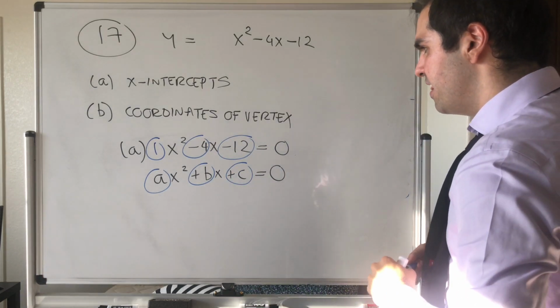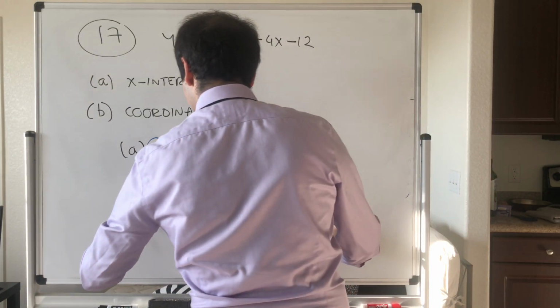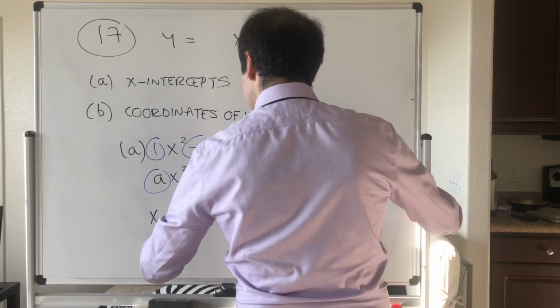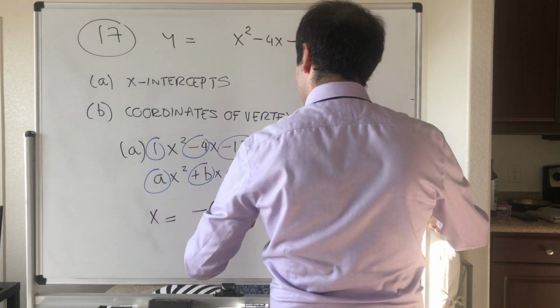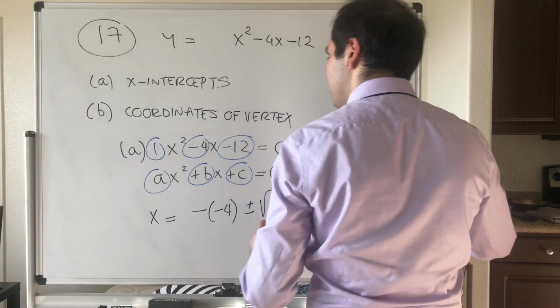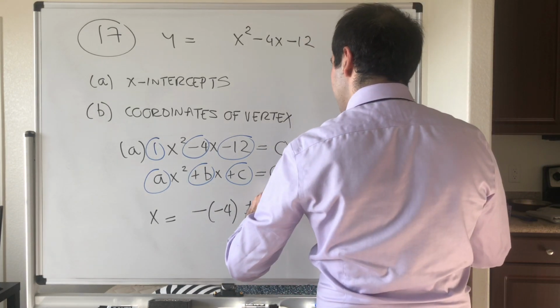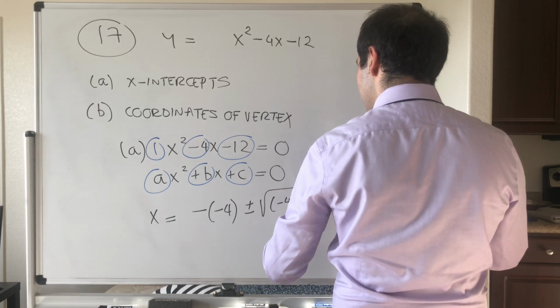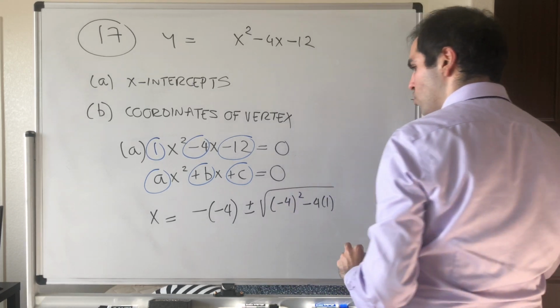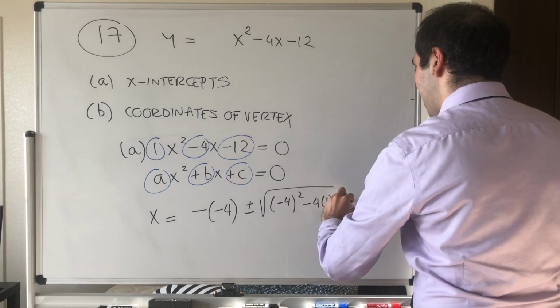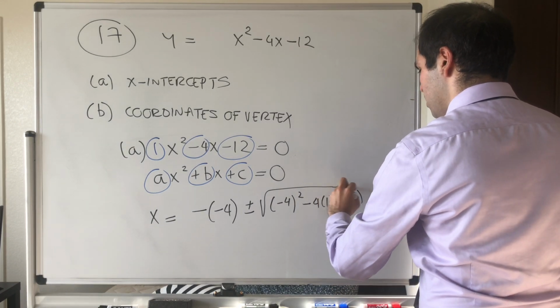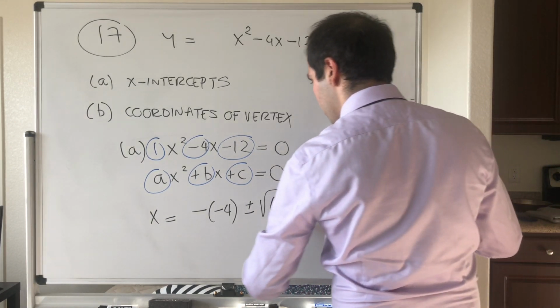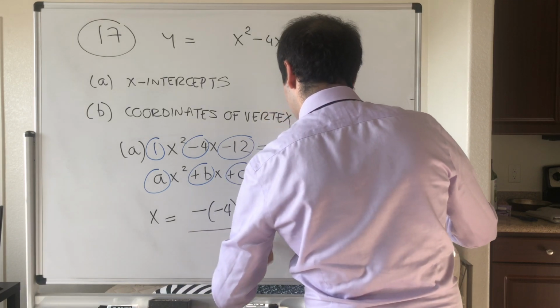So what we get now is x equals minus b, so minus minus 4, plus or minus square root of b squared, so minus 4 squared, minus 4ac, so 4 times 1 times minus 12, over 2a, so over 2 times 1.